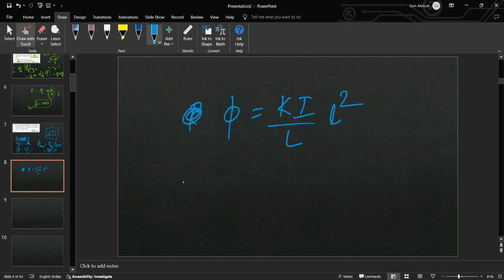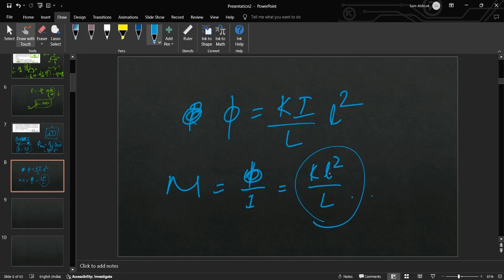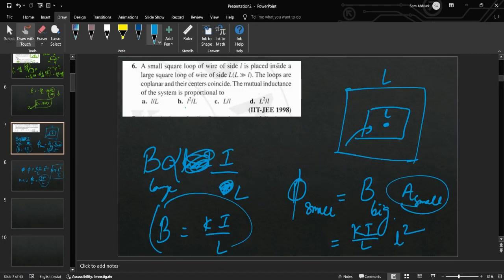We know the direct formula: mutual inductance is phi by I. So dividing by I, we get K l square by L. K is constant and we need only proportionality, so it is proportional to l square by L. Very easy question, just basic concepts.